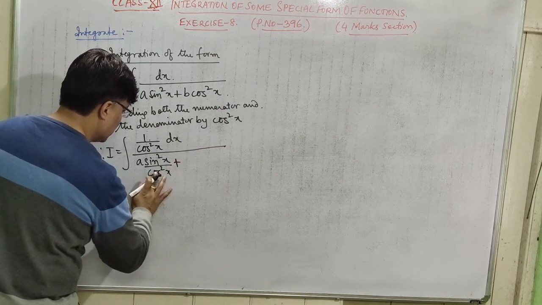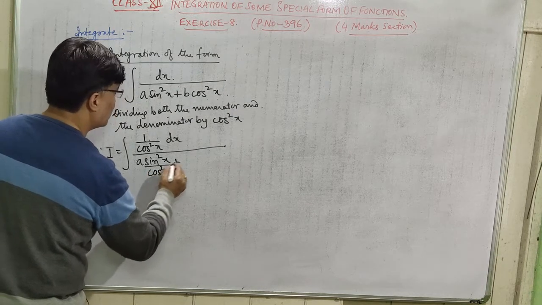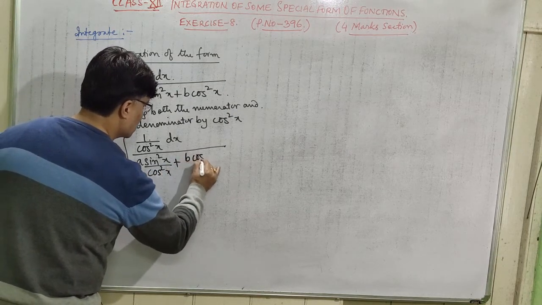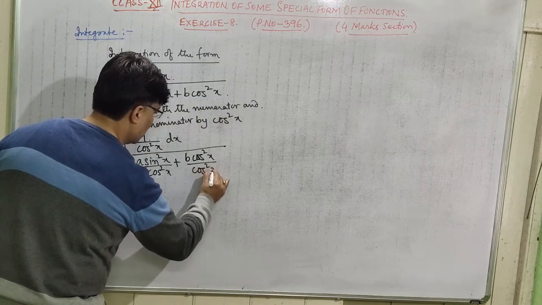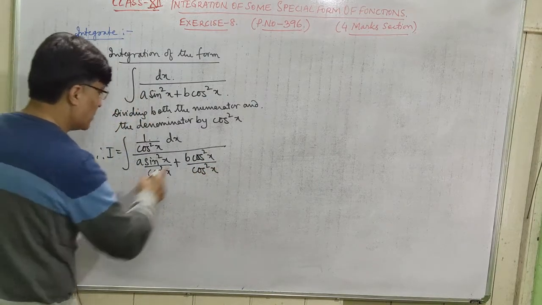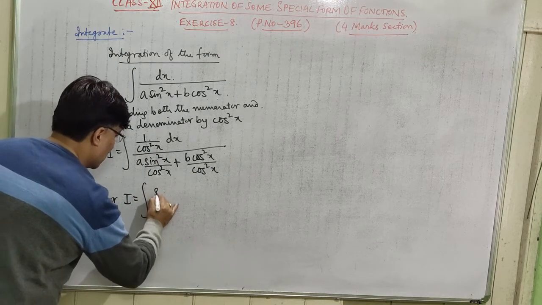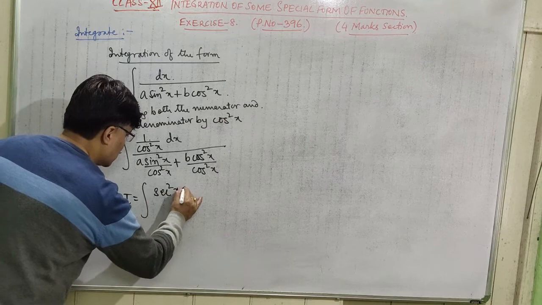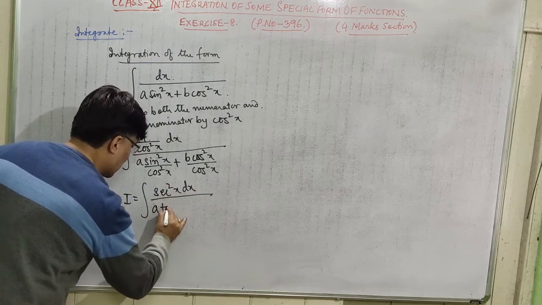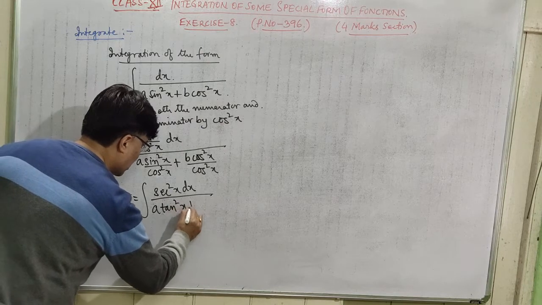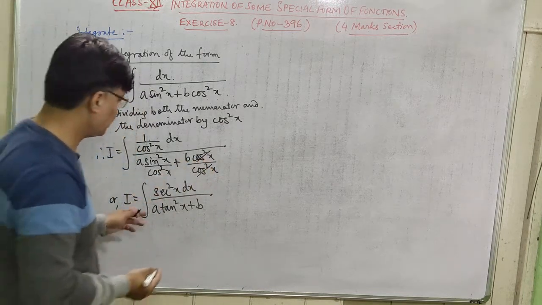Then plus, so this is your cos square x plus b cos square x divided by cos square x. Okay, so here cos square x will be cancelled, so you will get integration of sec square x dx divided by, it is a tan square x, and this is plus b. This will be cancelled. Now you can easily integrate that.